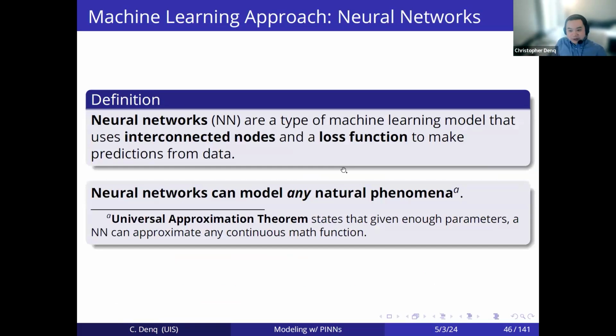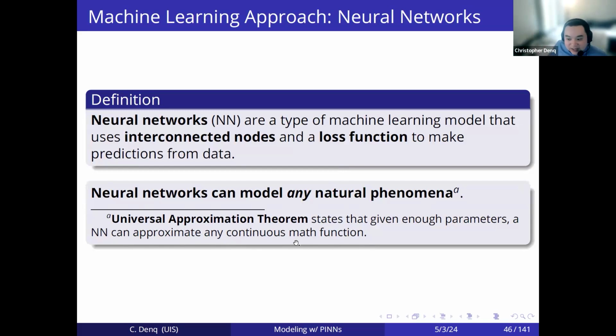Now, another reason why we're so interested in neural networks is because of this really fascinating fact, and that is that neural networks can come to approximate any natural phenomenon. And that's because of this theorem called the universal approximation theorem. It tells us that a neural network, given enough parameters, compute, and time, can come to approximate any continuous math function. And this is really special because when we think about what physics laws are, well, physics laws are just math equations, right?